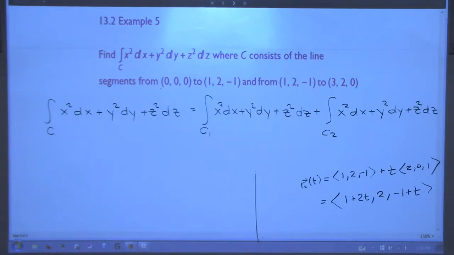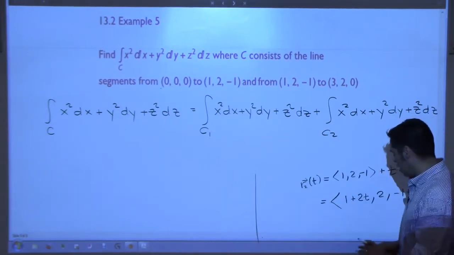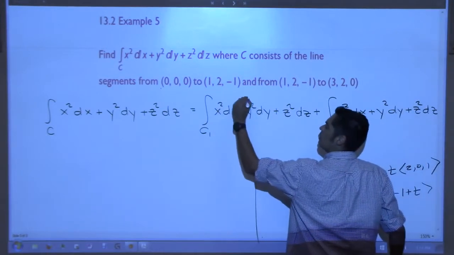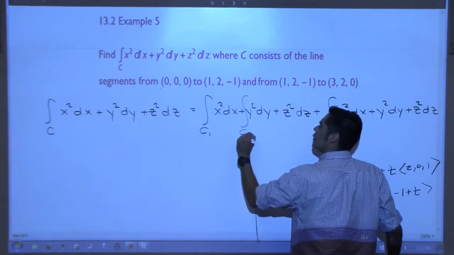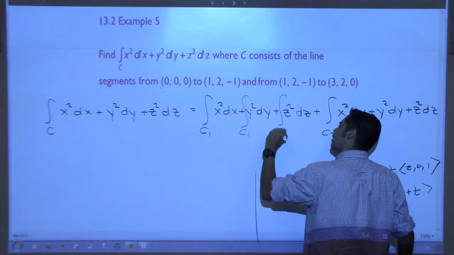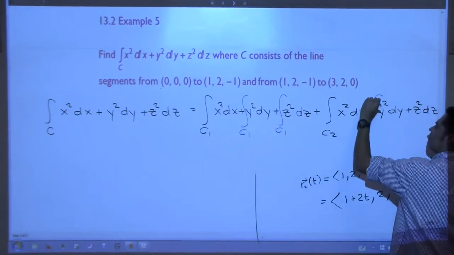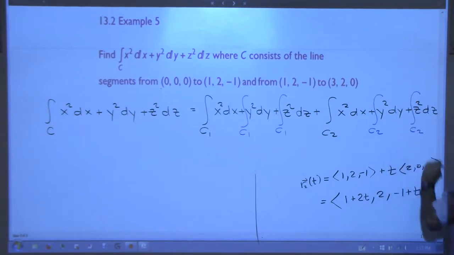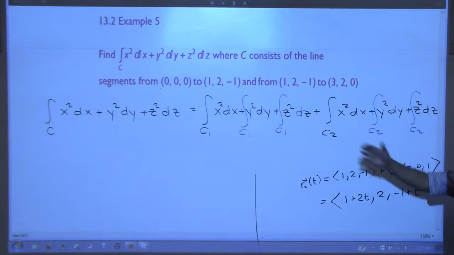Questions? So I'm splitting up C into its two pieces. Now I need to figure out what each of these pieces are. Is this allowed? Tell me if this is fair. Yes, that's the property I just showed you before.